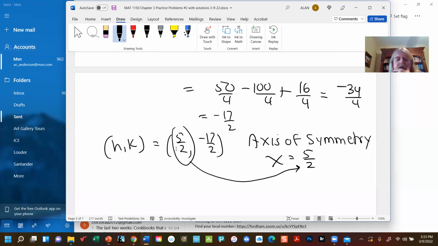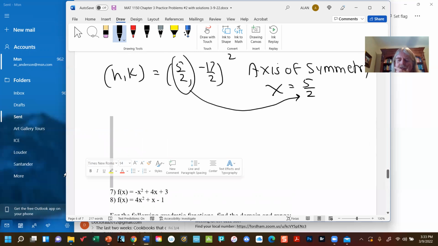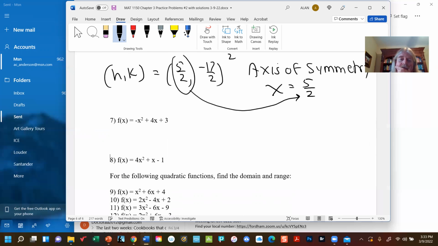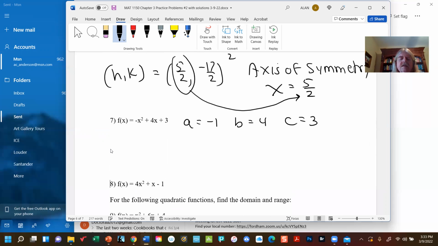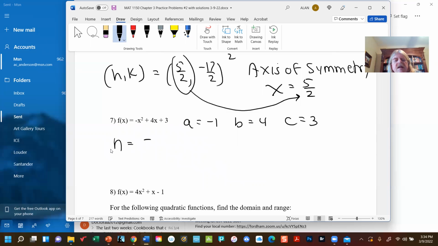All right, now what about these two? So we'll start out by noting that A is -1, B is 4, C is 3, which means that H is minus B over 2A, minus 4 over 2 times minus 1, minus 4 over -2, which is just 2, of course. All right.